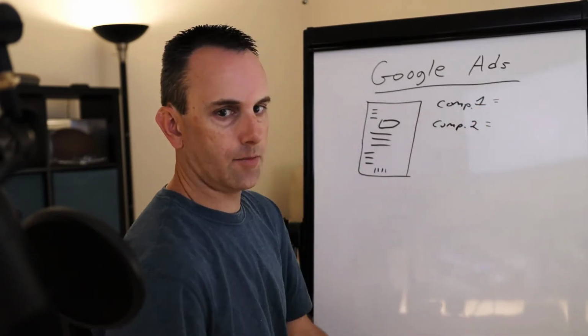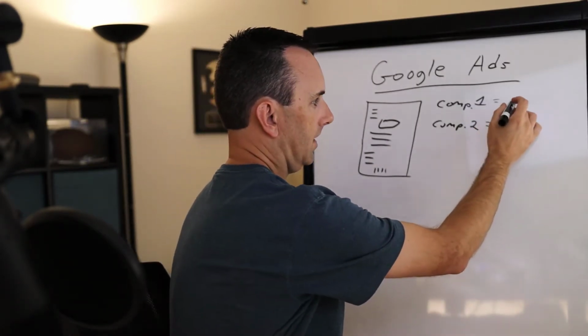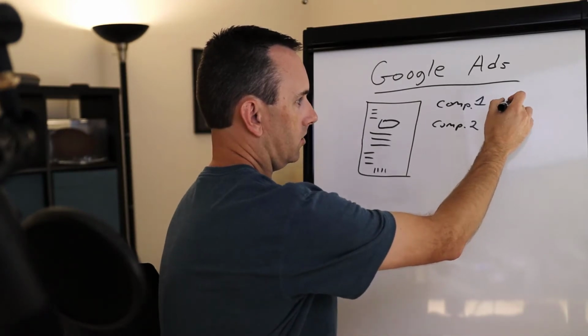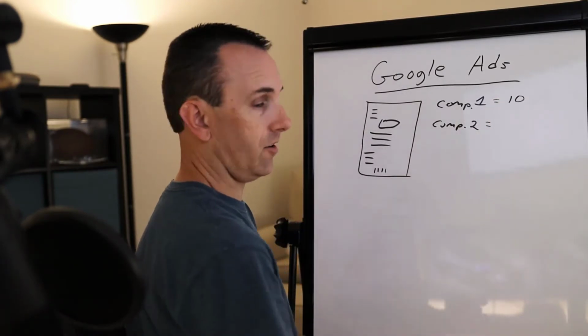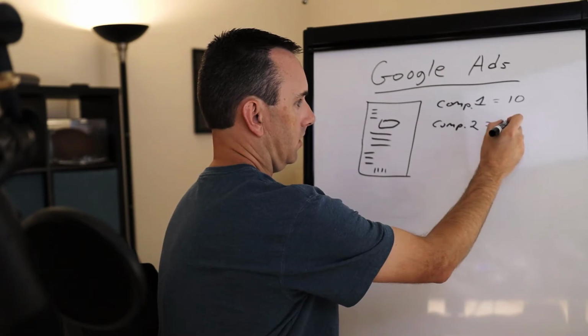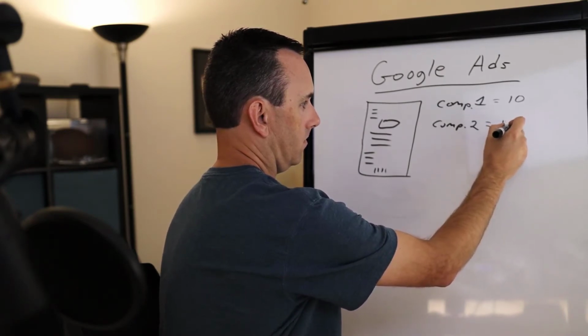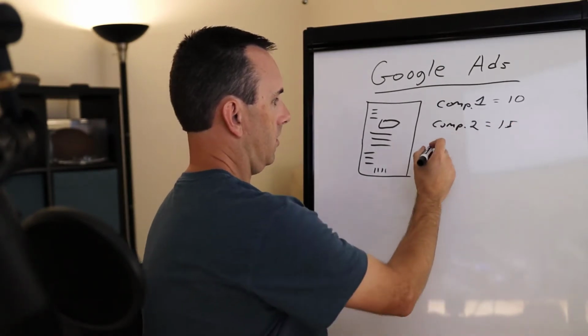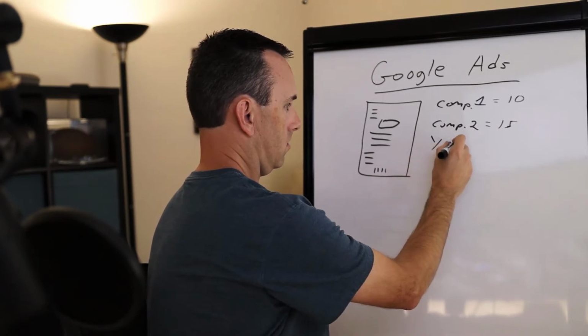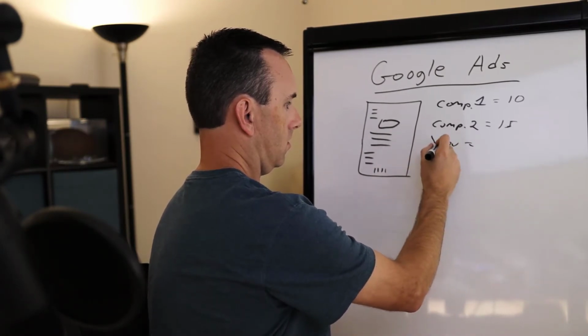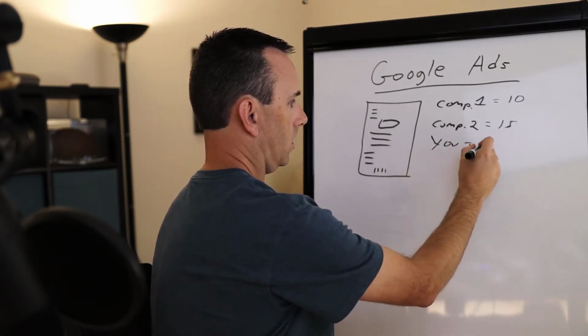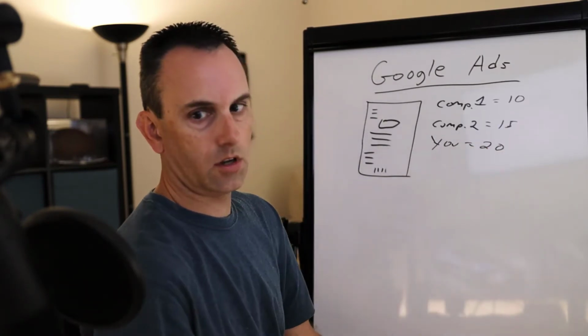Say, for example, competitor 1 is bidding $10 on a keyword, competitor 2 is bidding $15 on a keyword, and you're bidding $20 for a keyword.